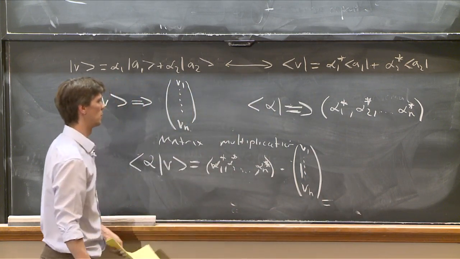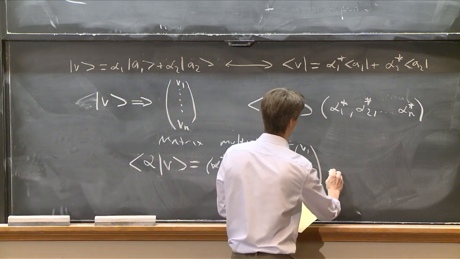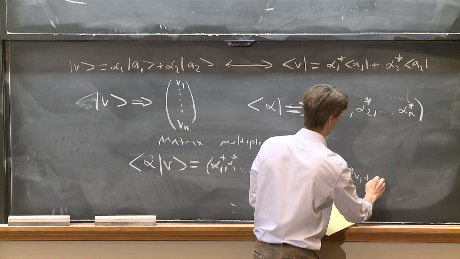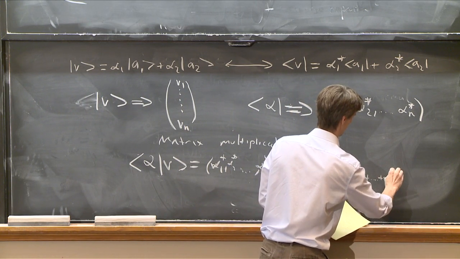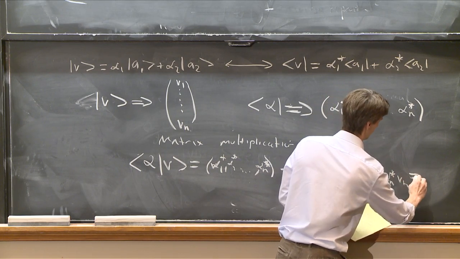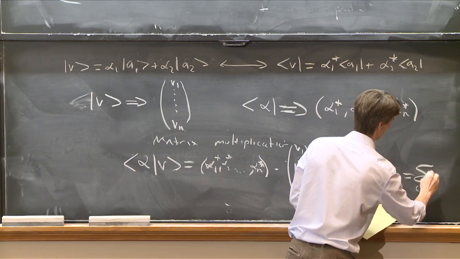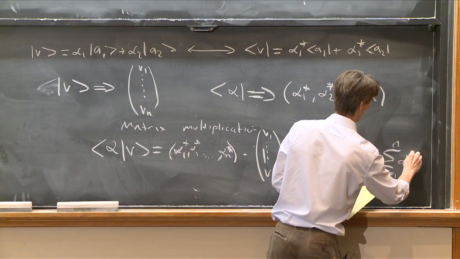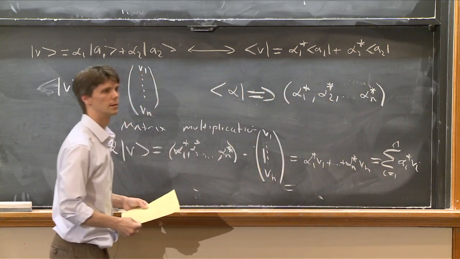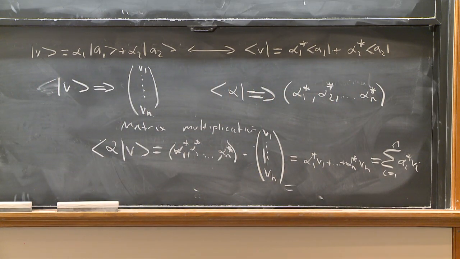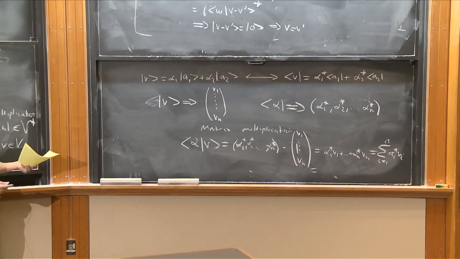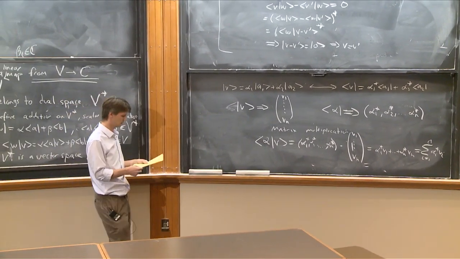And this is now just matrix multiplication. Right. So really, they're quite concrete, as concrete as the kets are, right? So you can construct them as vectors, just strings of numbers, in this way.